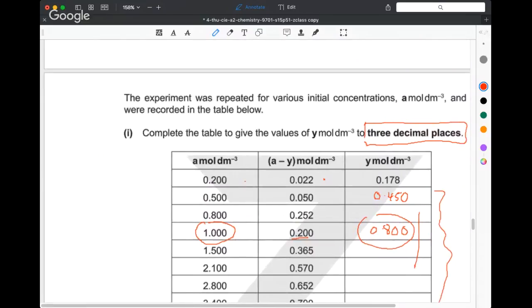Okay, so that's the concentration of hydrogen or iodine. And this isn't scrolling for me today.